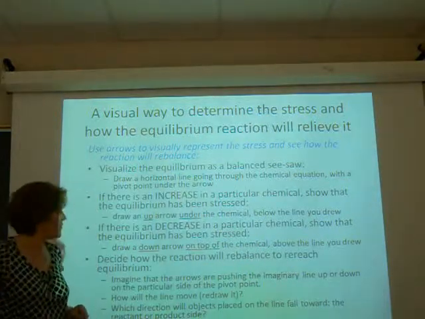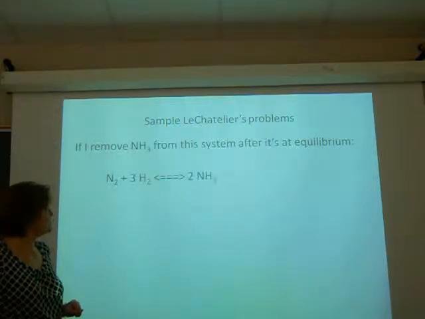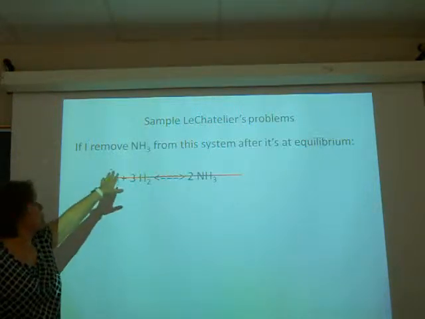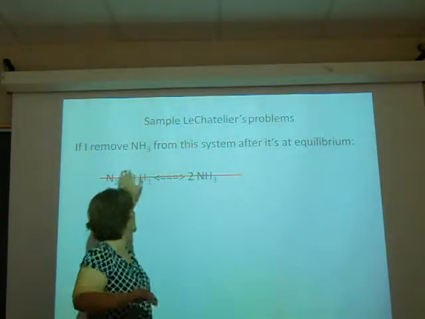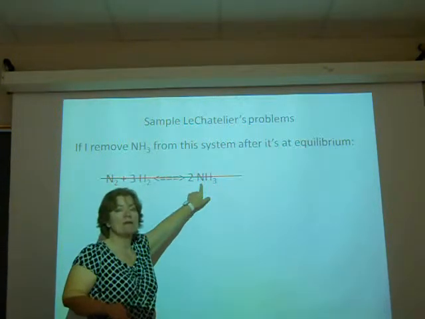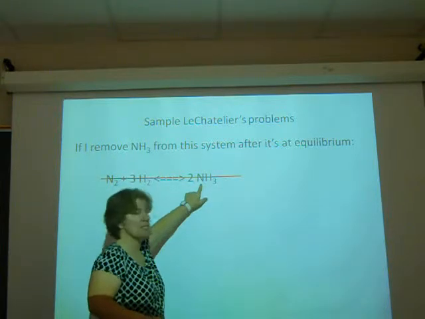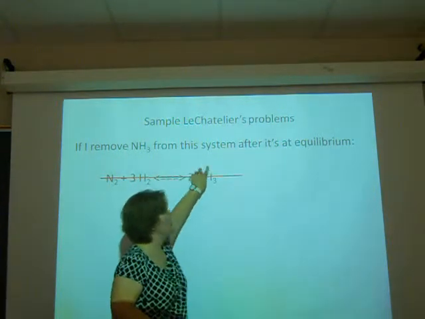Let me show you some examples. If I remove ammonium from this system after it's at equilibrium, here's my ammonium, I have my line through it, so if I remove it, I'm decreasing it, so I'm going to put a down arrow on top.